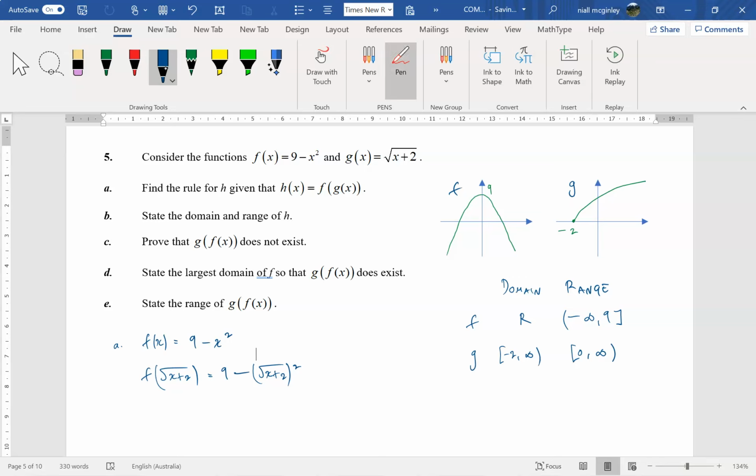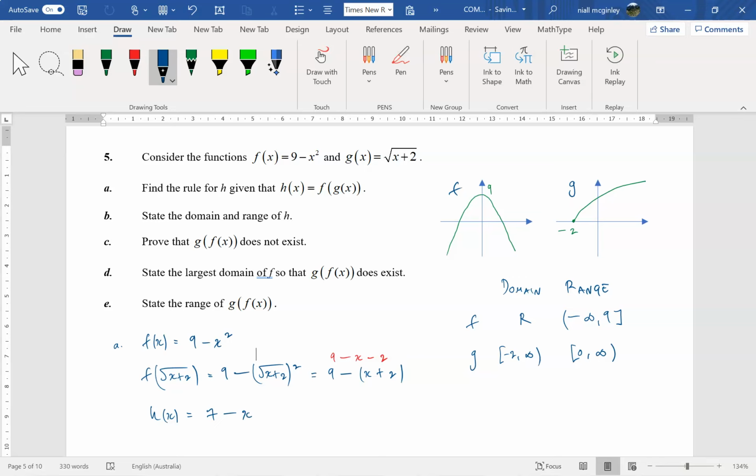So I'm going to get left with 9 minus x plus 2. Important to put in the brackets there because we're taking away more than one term. Very easy to make a mistake if we don't. So then we've got 9 minus x minus 2. So our function h of x is going to be 7 minus x.